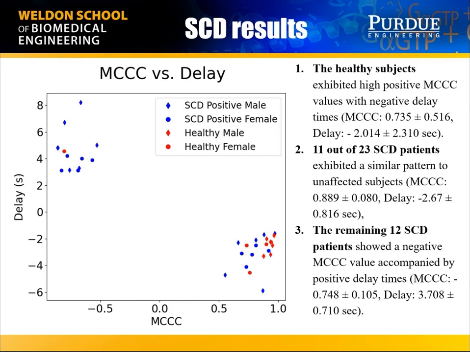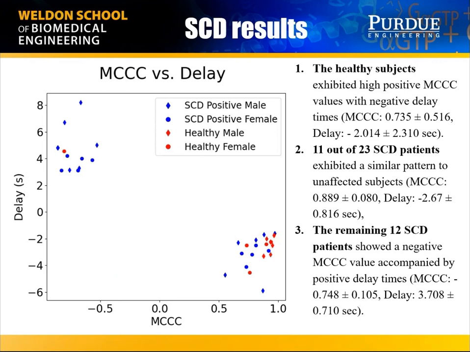The correlation between their global mean signal and superior sagittal sinus signal is reversed, and it's pretty significant, minus 0.6, minus 0.7. And interestingly, their delay is reversed too. That means for those sickle cell patients, it seems like the blood arrives at the superior sagittal sinus before it travels through the brain, right? So that's kind of puzzling.